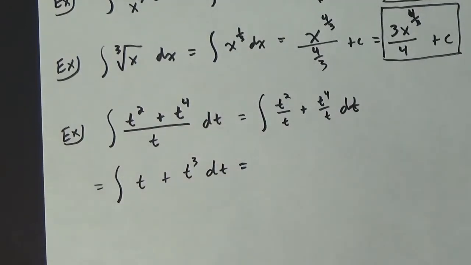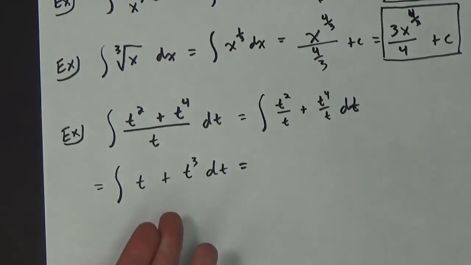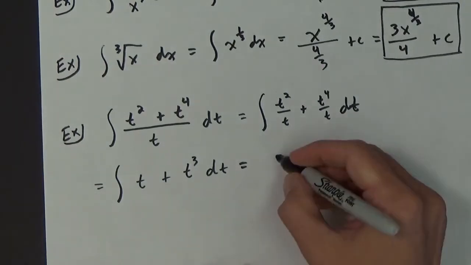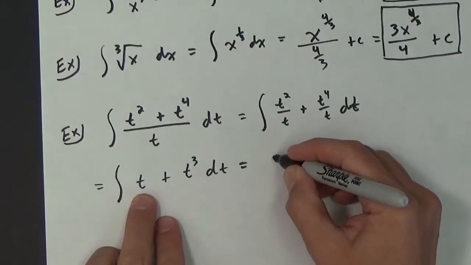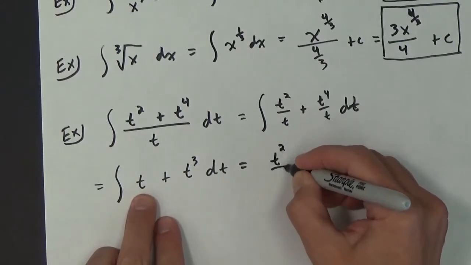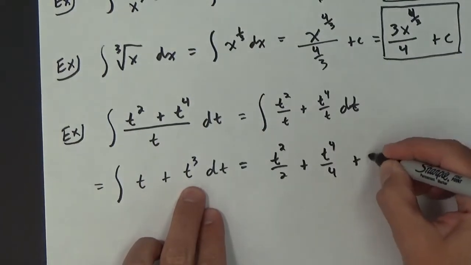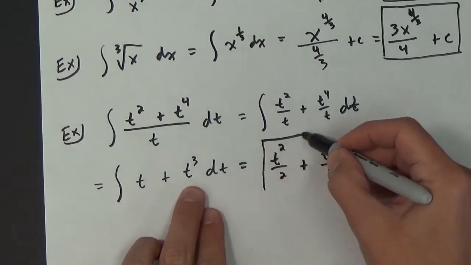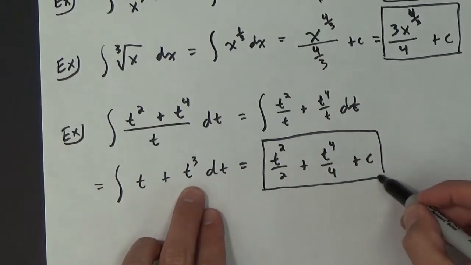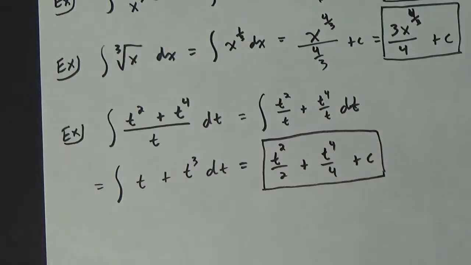Notice that with a basic rewriting, we were able to take this function that we definitely were not going to come up with an integral of, and turn it into two power rules that are easy enough. So remember, we add one. When we have t, it's going to be t squared over 2, plus t to the 4th over 4, plus c, and easy enough, we have our antiderivative.